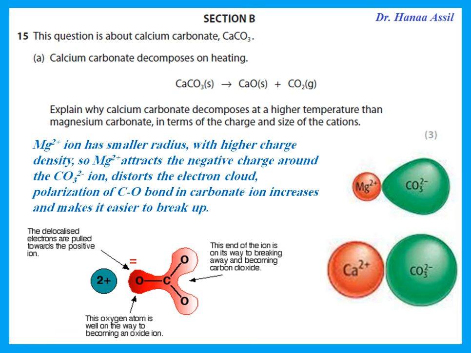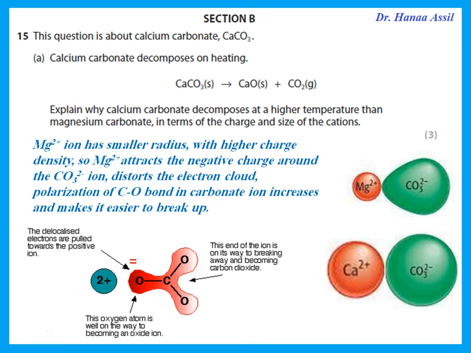So comparing the magnesium ion to the calcium ion, the magnesium ion is smaller radius, and that means higher charge density. So the magnesium ion will attract the negative charge around the carbonate ion, distort the electron cloud.